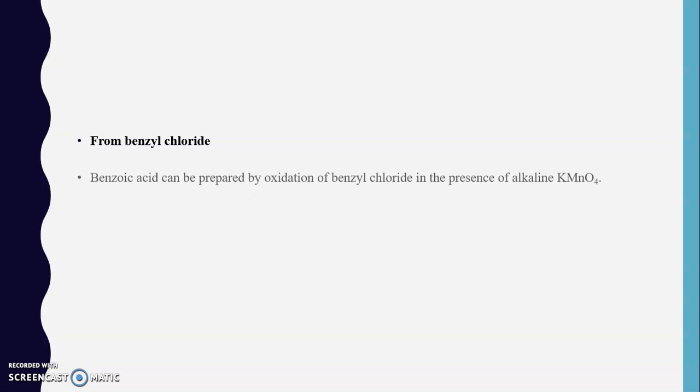Then the last method that is used for the preparation of the benzoic acid is from the benzyl chloride. Now in the previous method we have used benzyl alcohol. Here instead of alcohol we are going to use the chloride. That is the only difference.